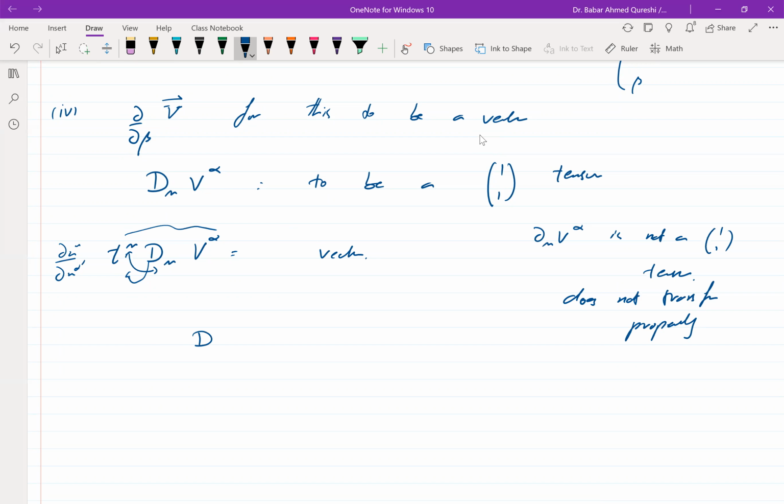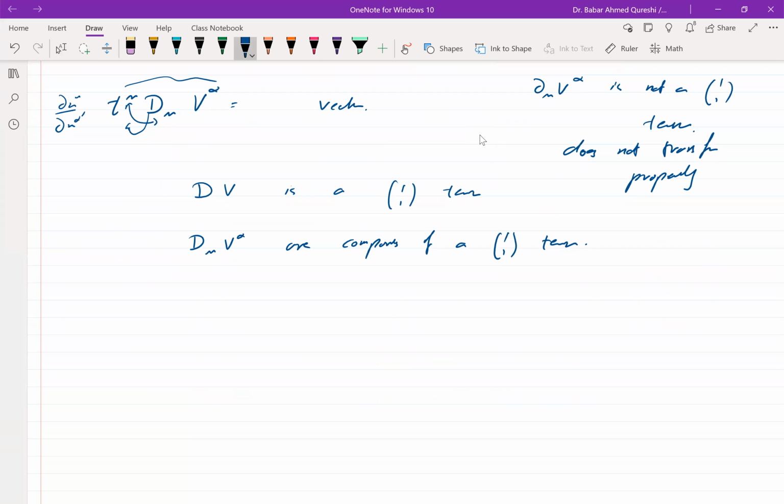No. You can say this thing: dv is a 1-1 tensor, and d mu v alpha are components of a 1-1 tensor. That's what you mean. The d mu v alpha should give you components of a 1-1 tensor, so it transforms properly.